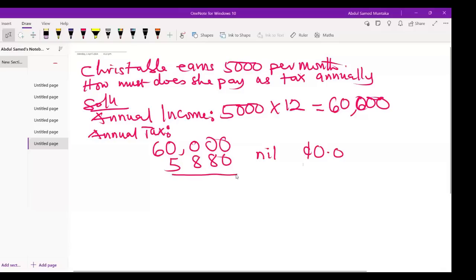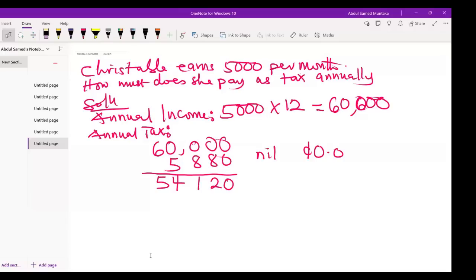Now we need to deduct this. You can check with your calculator. Her money is left with 54,120.